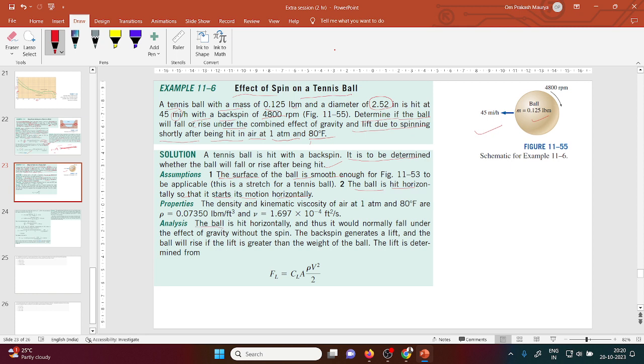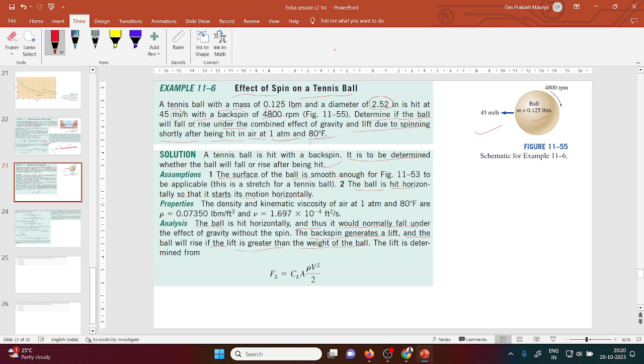The ball is hit horizontally and thus it would normally fall under the effect of gravity without the spin. The back spin generates a lift, and the ball will rise if the lift generated is greater than the weight of the ball.